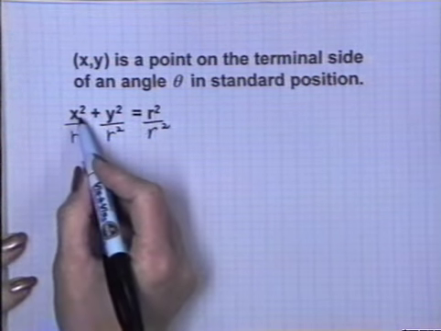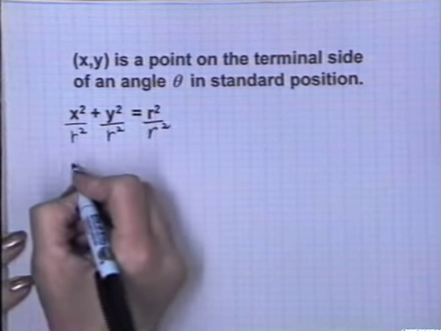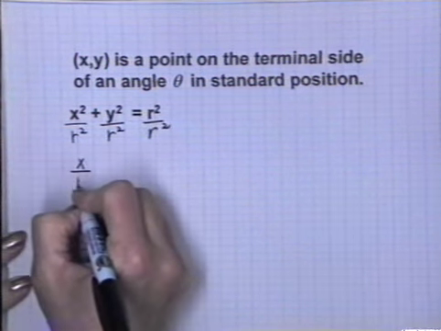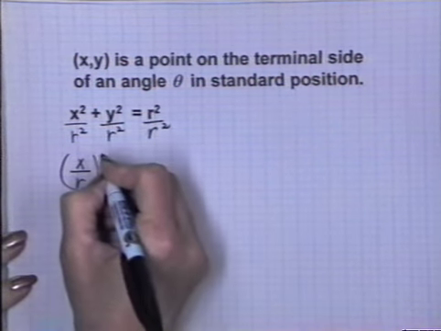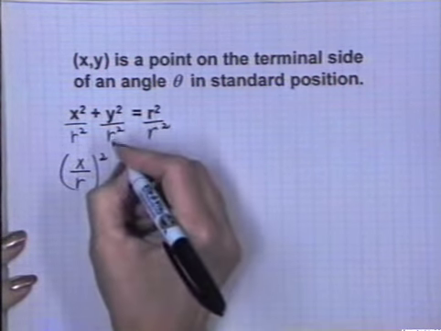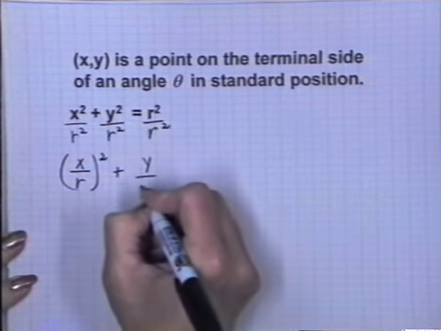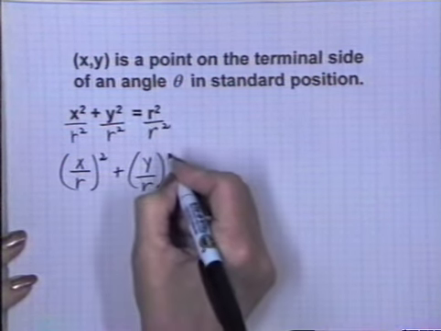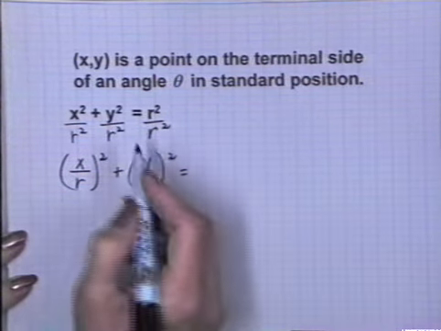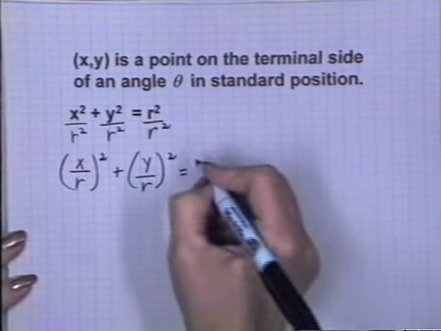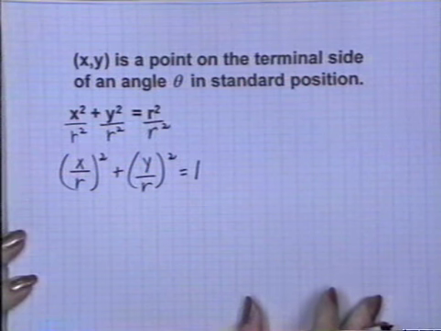Now what we get is x squared over r squared, which we could write as (x divided by r) squared, and here we get (y over r) squared, and of course r squared divided by r squared equals 1.